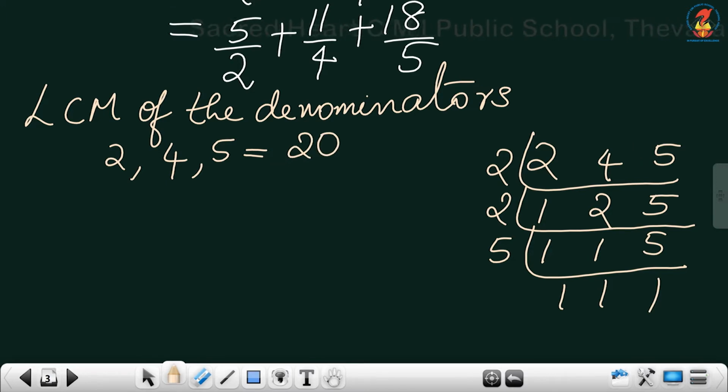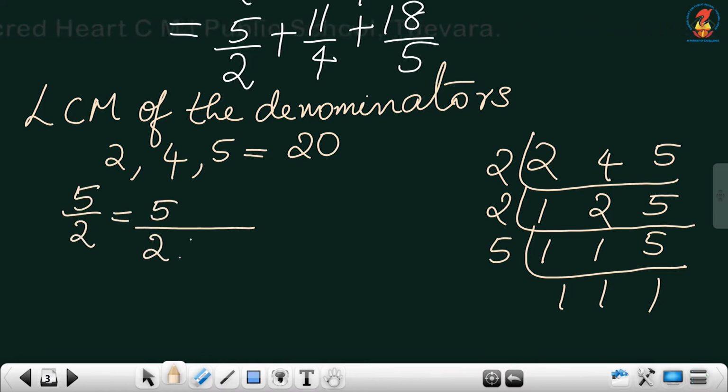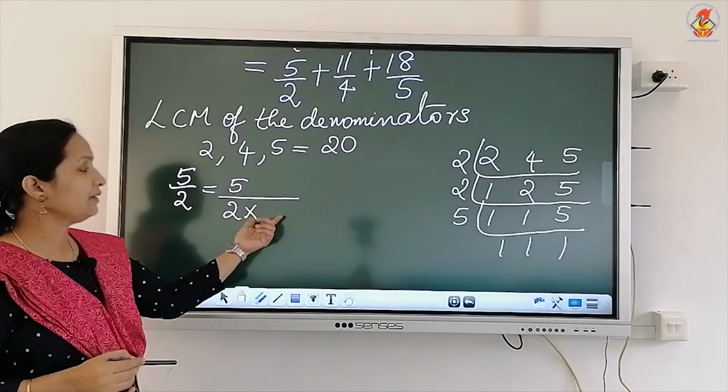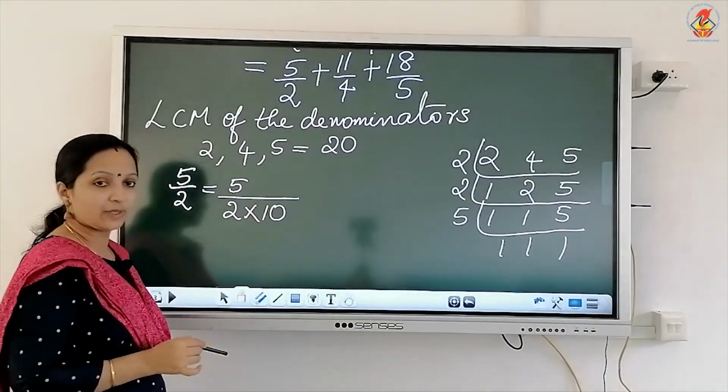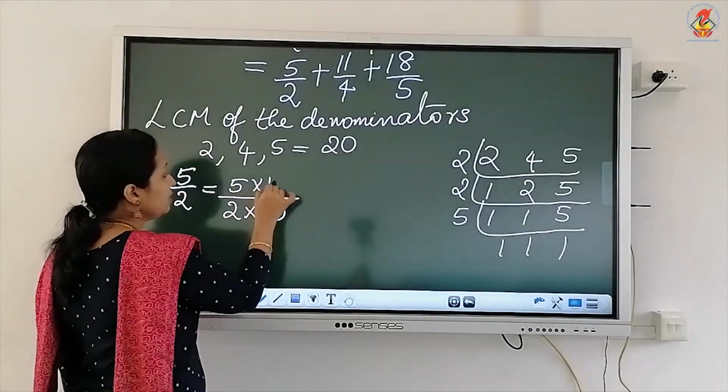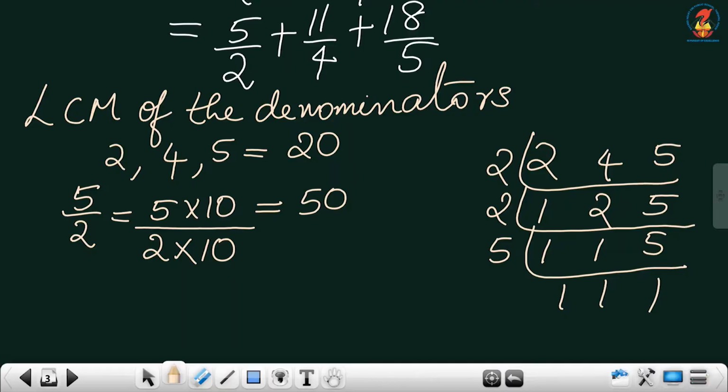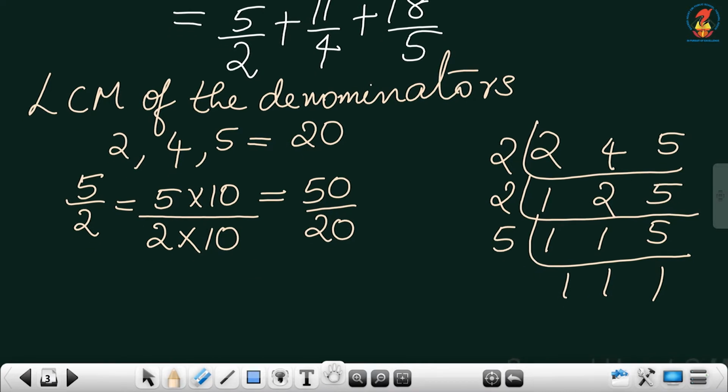So we have to convert these fractions, is it? So you write the first fraction 5 by 2. Addition of unlike fractions we already studied. 2 into which number will give the answer 20? 2 into 10 will give the answer 20. So multiply 10 to the numerator also. So what you will get? 50 by 20. Now you take the next fraction. Which is the next fraction? 11 by 4.